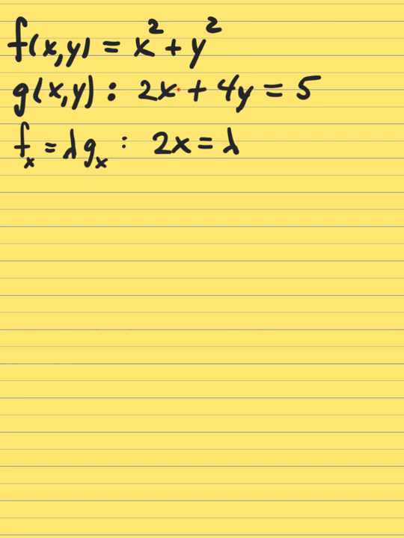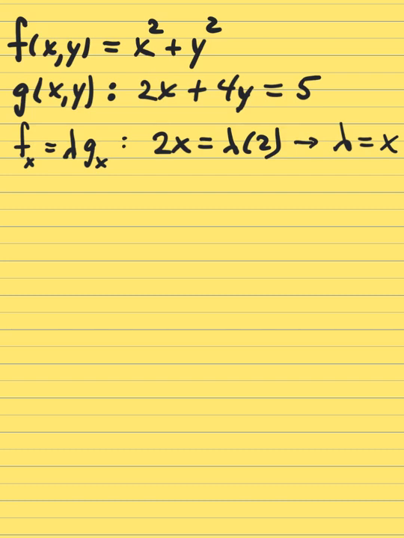So that's going to be a 2, 0, and 0. So just a 2. Divide both sides by 2, and that gives us lambda equal to x. All right, let's remember that.